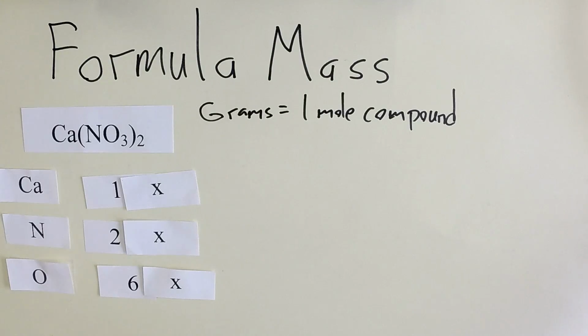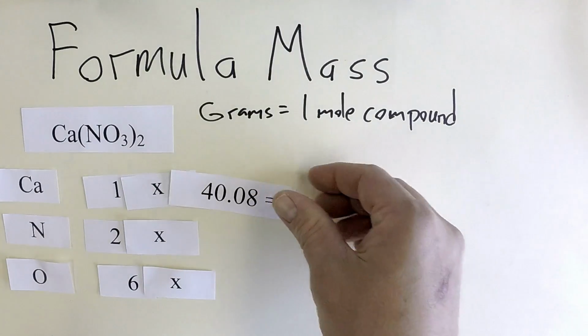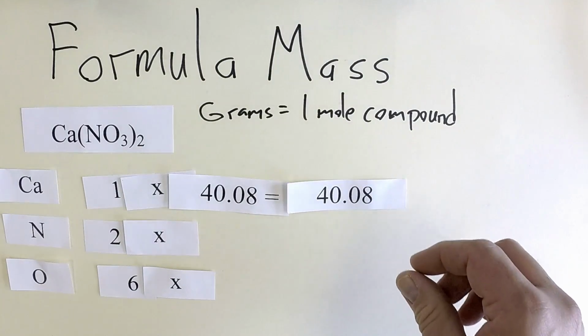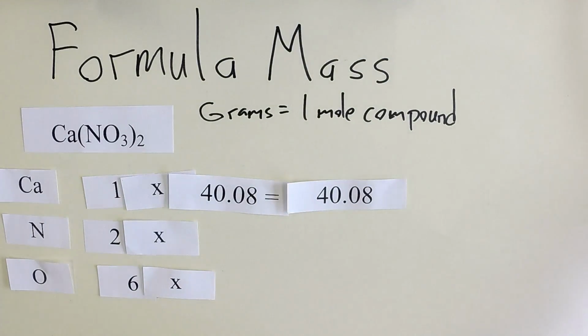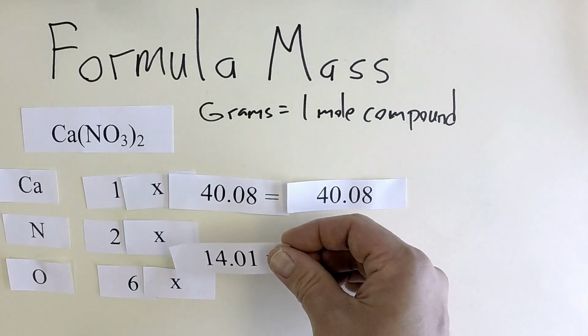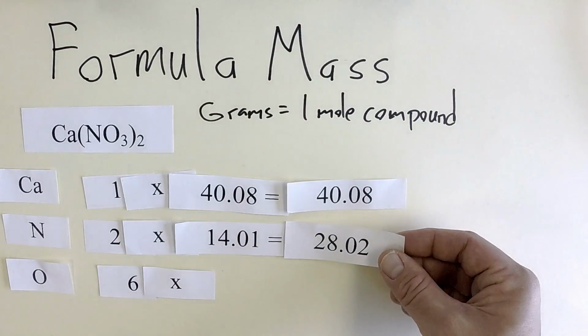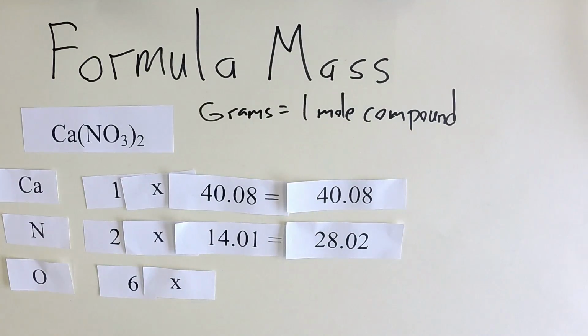So for calcium, 1 times 40.08, and that gives us a sum of 40.08 for the calcium. For nitrogen, 2 times 14.01, that equals 28.02 in the formula.